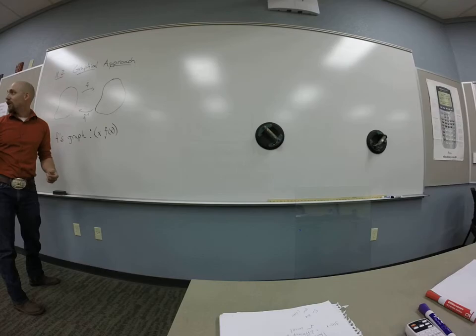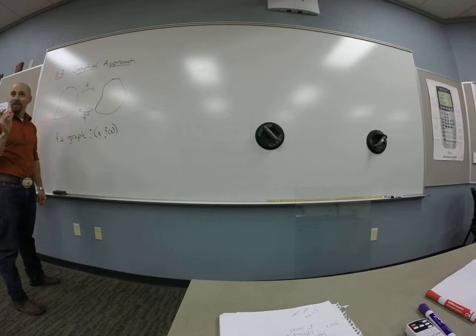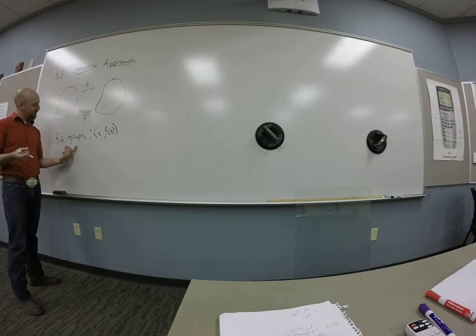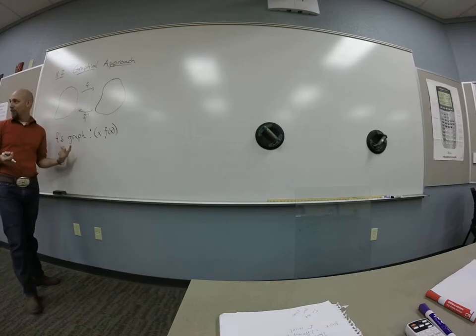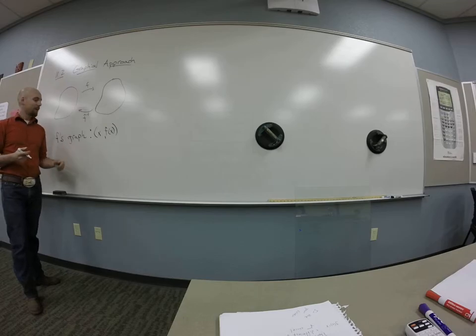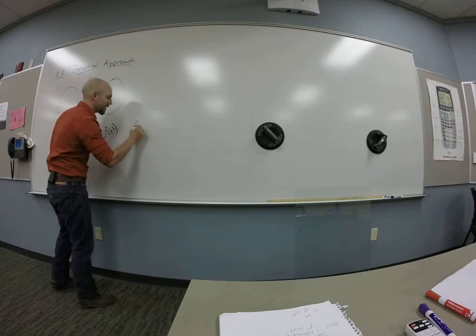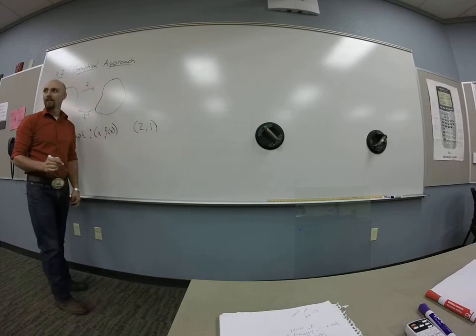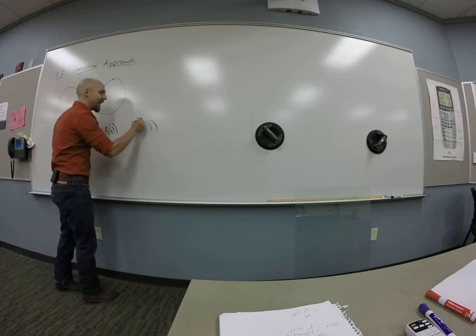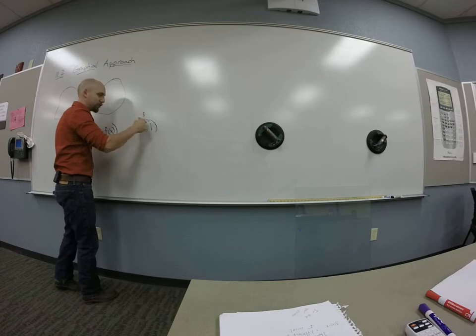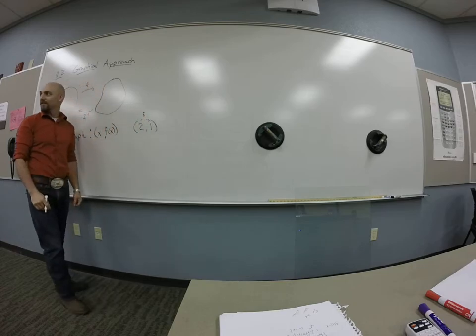So what I'm thinking is if f undoes things, there should be some kind of a nice relationship here. You guys see that? So if I think about one of these points being something like (2, 1), for example, this says f takes 2 to 1, right?